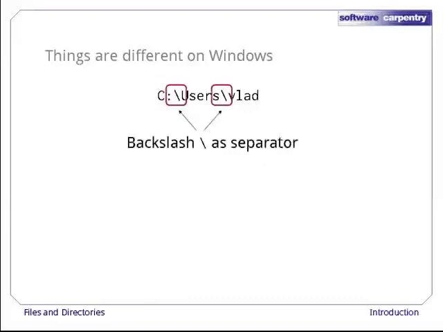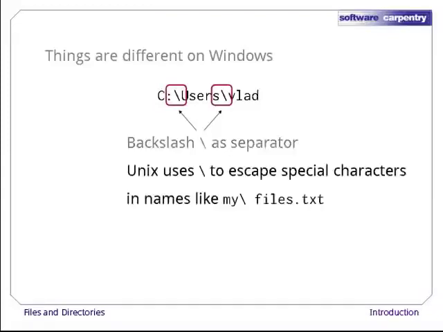Instead of a /, Windows uses \ to separate the names in a path. This causes headaches because Unix uses \ to escape special characters. For example, if you want to put a space in a file name, you would write it as \space. Please don't ever do this, though. If you put spaces, question marks, and other special characters in file names on Unix, you're likely to confuse the shell and a lot of other tools.